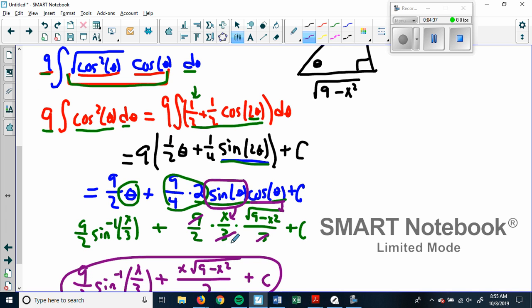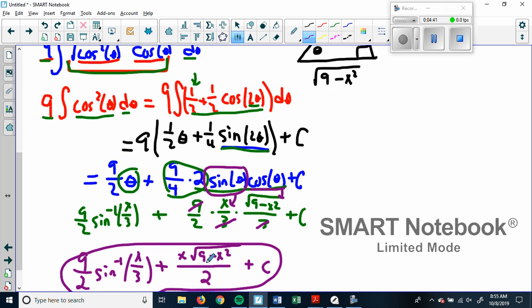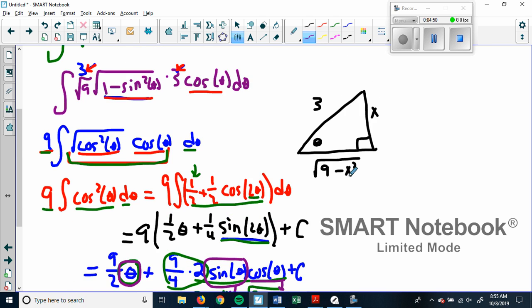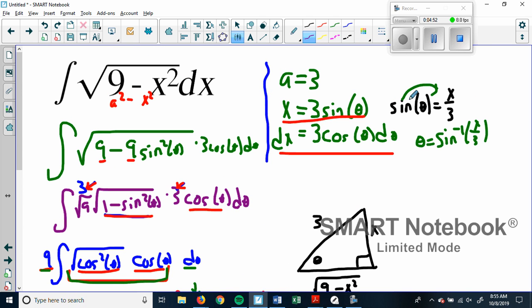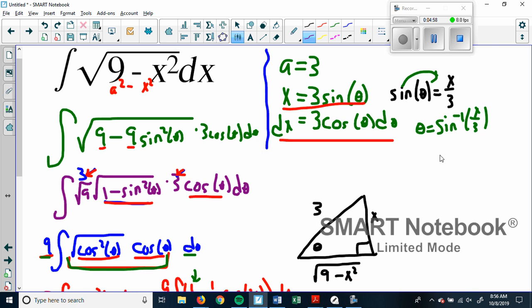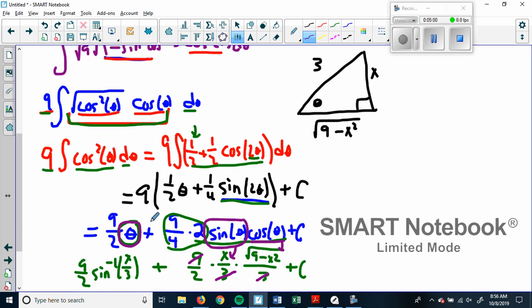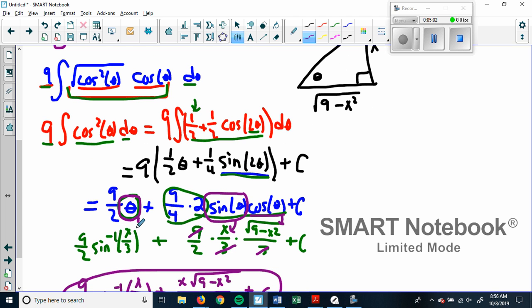And then if I simplify that, cross out the 3's, because 3 times 3 is 9, so this expression is that right there. Now, let's come back to theta. Sine of theta equals x/3, so theta equals sine inverse of x/3. So if we come back down here, theta I've replaced with sine inverse of x over 3.